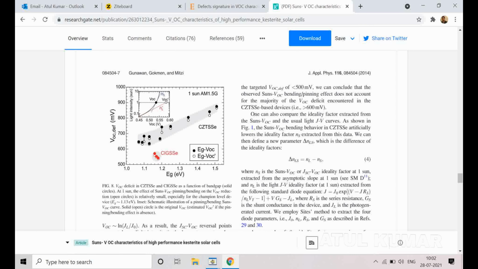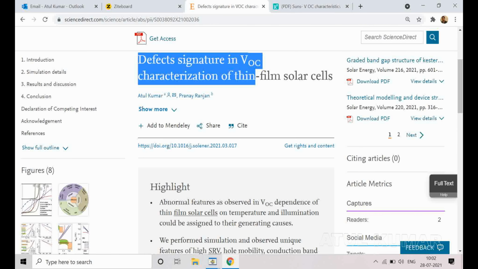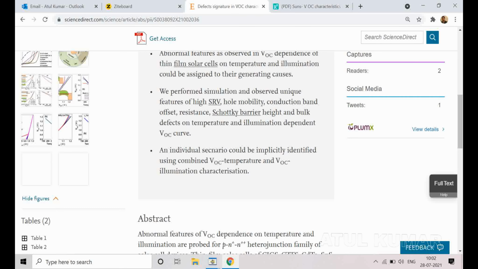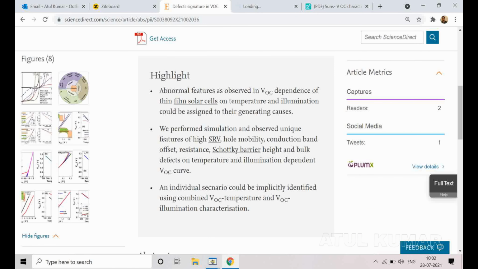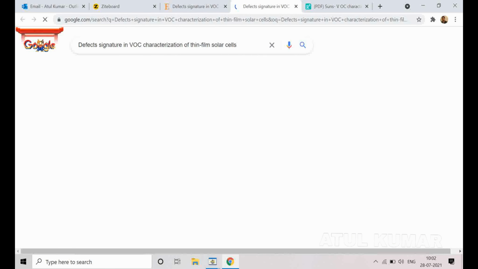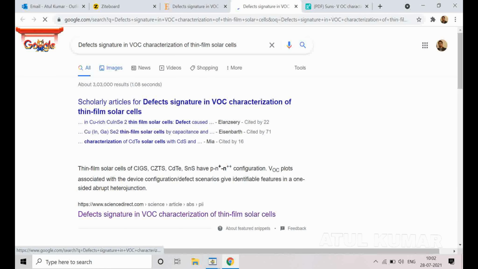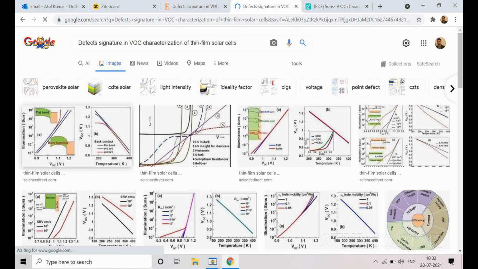The same thing has also been shown here. Similar kind of behavior is depicted. You can just see it out. If these images get opened, you can see. So in these images, you can see when there's a flat band at the back, and when you have band bending or some barrier, then this kind of behavior is coming in VOC, and this kind of behavior is coming in the temperature variation of VOC.